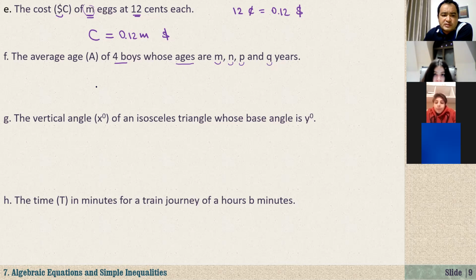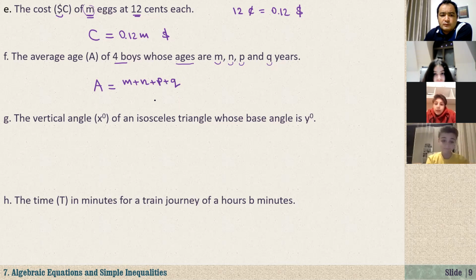How do you find the average? A equals M plus N plus P plus Q over 4. Very good, right? In general, and also in math or statistics, we call this mean.